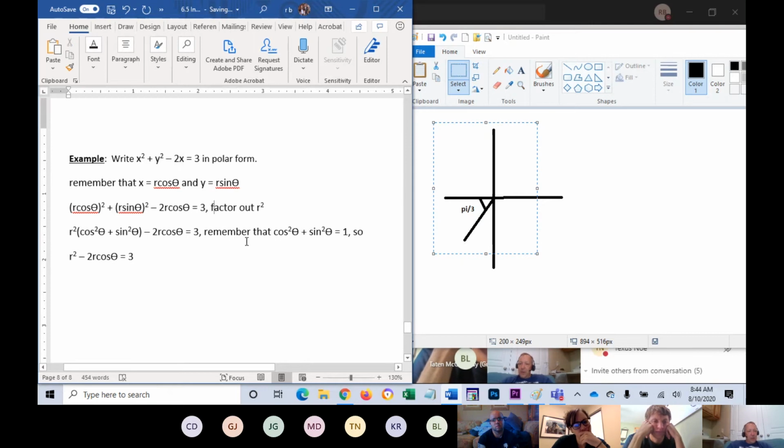Now if I factor the r squared out of both of these terms, I'm going to end up with r squared times cosine squared plus sine squared. That's going to be 1. And so this is simply r squared minus 2r cosine theta equals 3. So I've converted this from rectangular form to polar form.